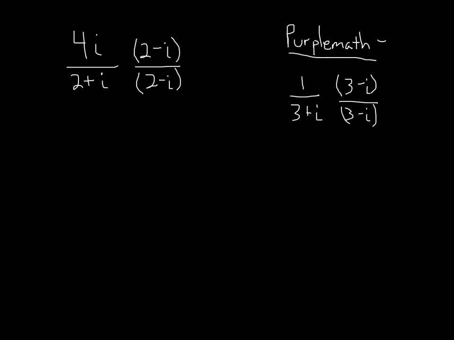Let's say I had 4i divided by 3 minus 5i. Again, I want to get this complex number, this i, out of the denominator, so I would multiply this by the conjugate 3 plus 5i over 3 plus 5i. So that should provide enough examples of what the conjugate is.